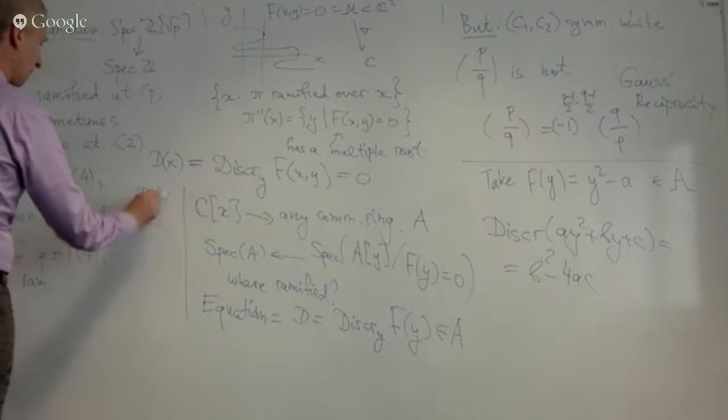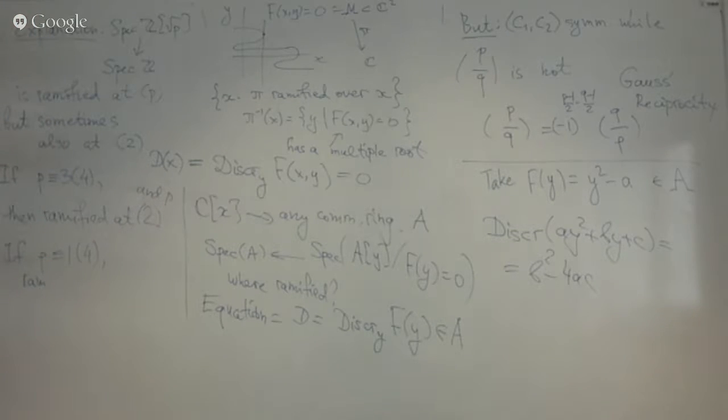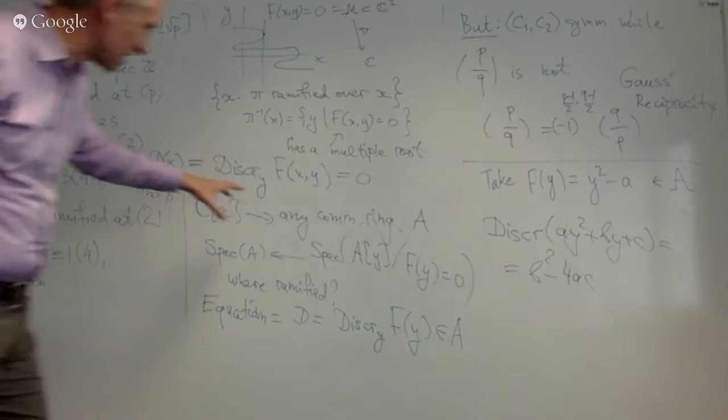Because you were saying that the place where it's ramified is basically the 0 of the discriminant, and that the discriminant here is b squared minus 4ac. It's actually a little subtle because it's not fully this, and there's some refinement of this.